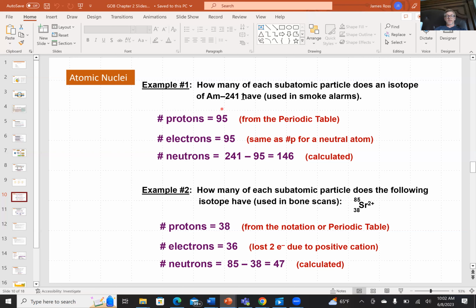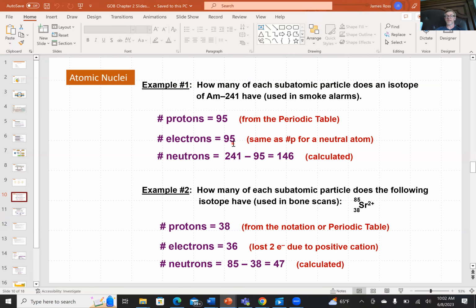In these 2 examples, how many of each subatomic particle does an isotope of americium-241 have? Americium is a radioactive element used in smoke alarms. Well, americium-241, we can locate it in the periodic table. We can see from the periodic table that it has 95 protons.